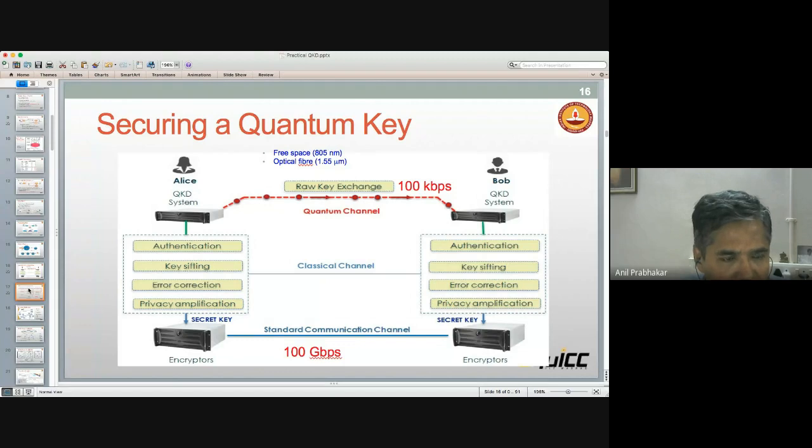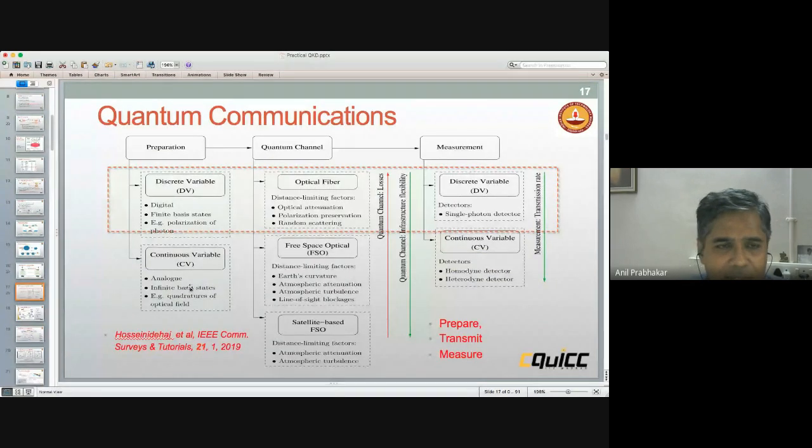Let me take a brief pause out here and tell you that there's a very nice tutorial. It's from the IEEE Communication Surveys and Tutorials, published in 2019. This picture is taken from that paper, and you can actually go in there and try to understand it a little better. There are many things in this picture. So we are particularly working on the things that are in this dashed red box.